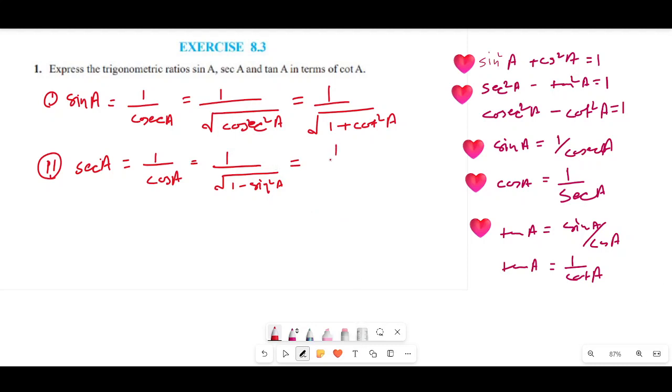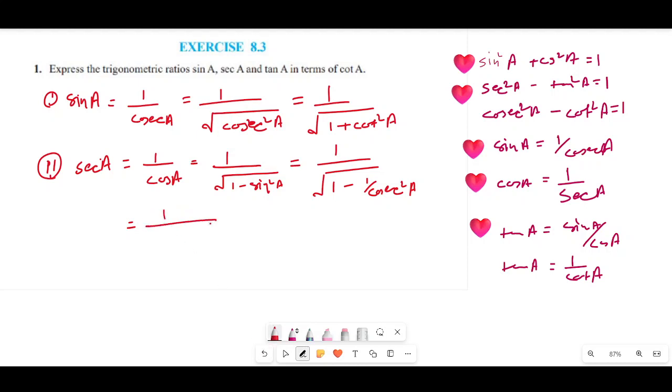Now here, 1 minus 1 by cosec square A. Clear? Now if we simplify this, cosec square A minus 1 upon cosec square A under root, then it will be cosec A. Here, with cosec square, first we should not be in a hurry.